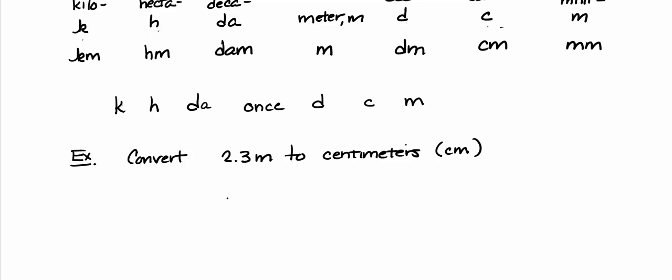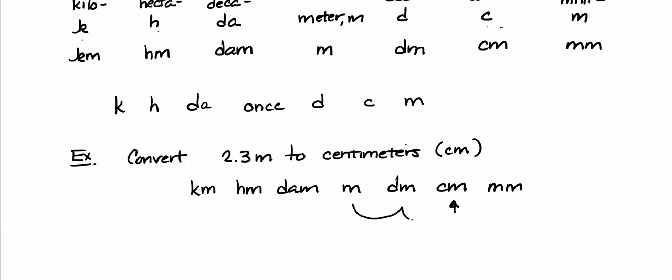Okay, so I'm going to go from meters to centimeters. So let's do this. King Henry died once, drinking chocolate milk. Right, and I want to go from meters. So this is where I start. And then I want to go to centimeters, which is where I want to finish. Right, so basically I'm going to start here.